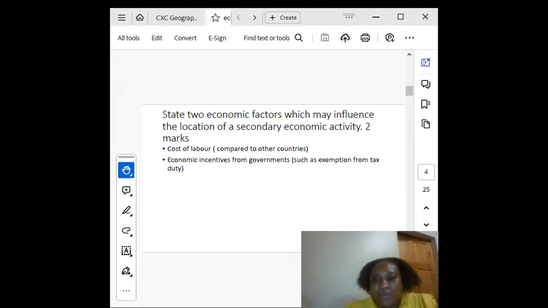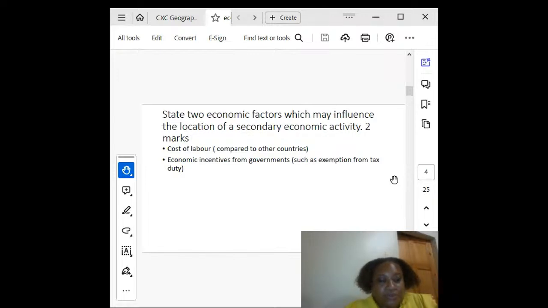Right, state 2 economic activities that may influence the location of a secondary industry. So this is on secondary activities. The cost of labor. Right, so you have here the cost of labor compared to other countries, and then the economic incentive from government, such as exemption of tax on duty. So that is one of the major things.